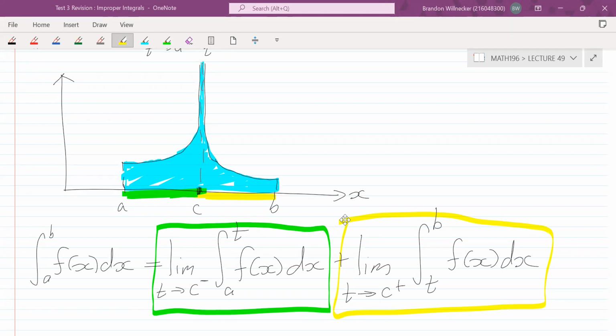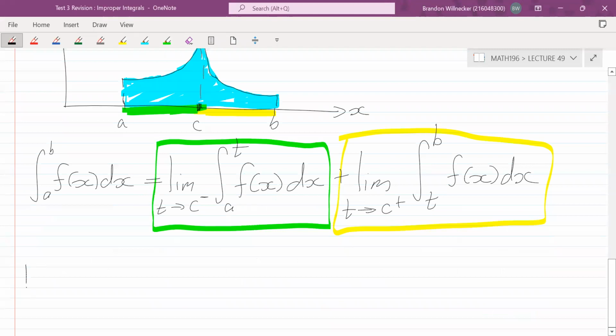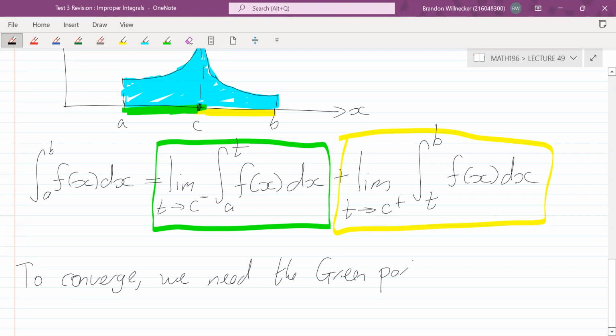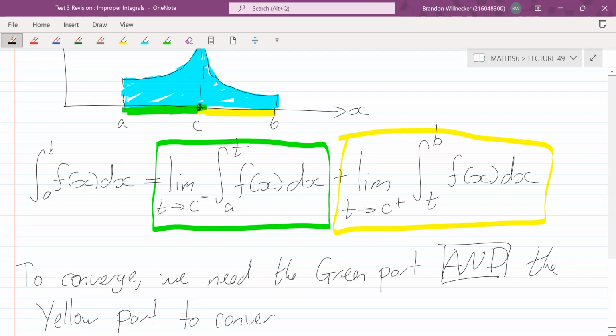So for this to converge, we need the green part and the yellow part both to be finite. If one of the parts goes to infinity, we say the total integral diverges.